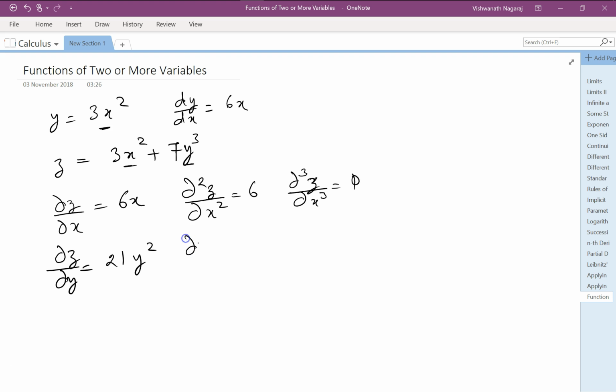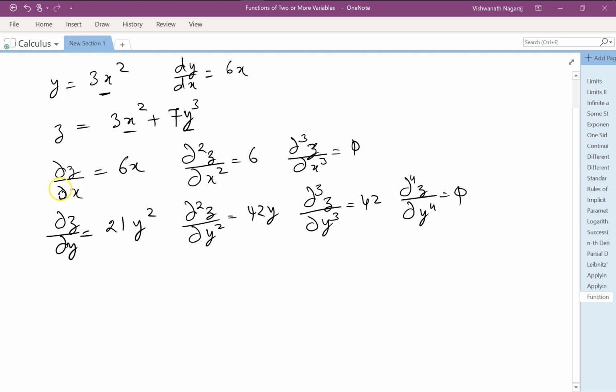Here dou squared z by dou y squared becomes 42y, then 42, and finally 0. Now it might happen that when we differentiate the second time, we might want to differentiate this with respect to y, but since y is not there, it's not going to change, right?